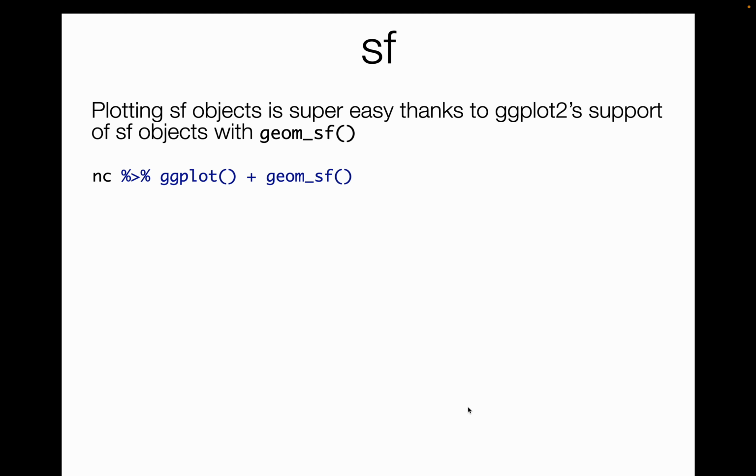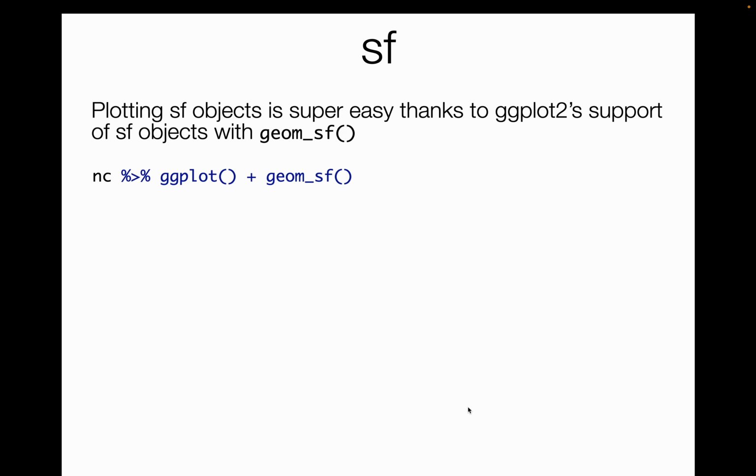And so you can plot these. ggplot2 has support for sf objects, which is wonderful. All I have to do is instantiate a ggplot2 instance with the ggplot function, and I put in the nc shapefile.